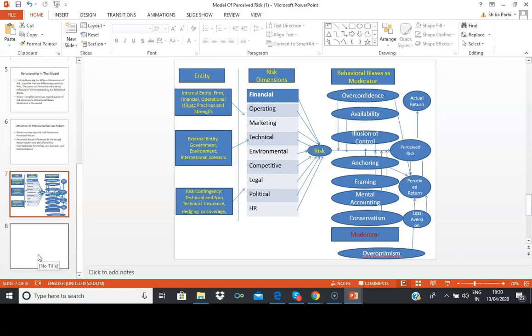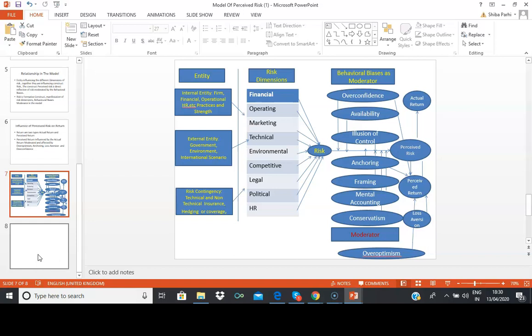And on the basis of the different entities, like government, environment, international financial situation, the risk contingency in terms of the technical, non-technical, the insurance, the hedging process, the entity, the internal is the financial operations and the efficiency of the firm itself, the practices and strength of the firm itself.